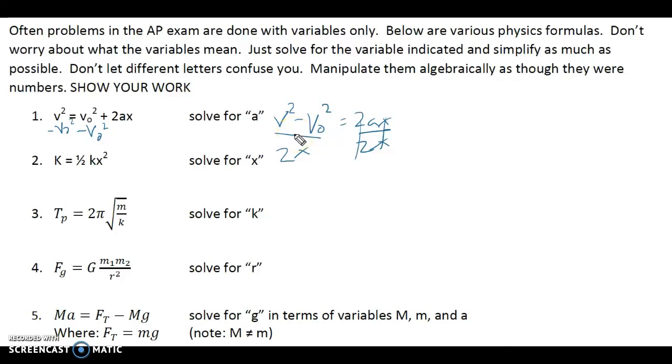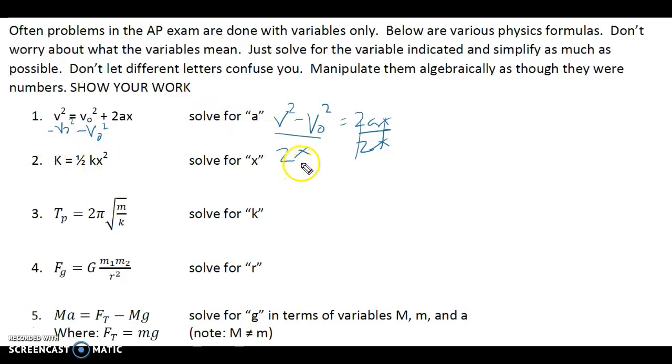Where things get a little bit more complicated is looking down here at number 5, for example. Number 5 is asking you to solve for lowercase g, little g, in terms of the variables big M, little m, and a. Right off the bat, we can see that big M is different than little m. That's a common theme you might see. For example, big K is different than little k.